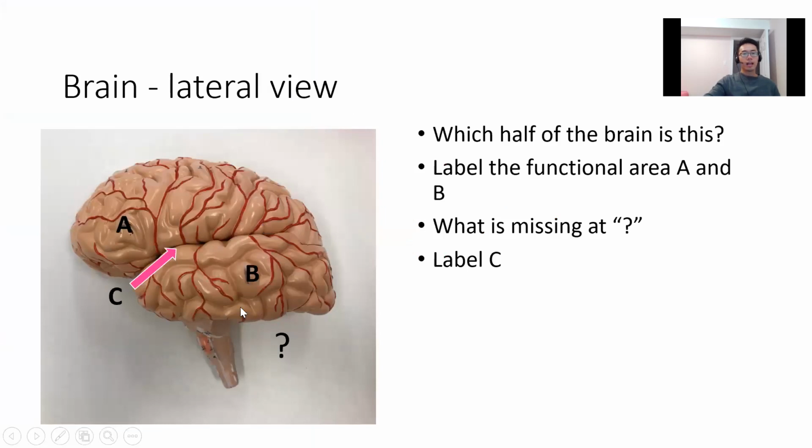Okay, we're looking at the left brain here, left hemisphere. Label the functional area A. If you remember from class, it's the Broca's area. B is the Wernicke area.